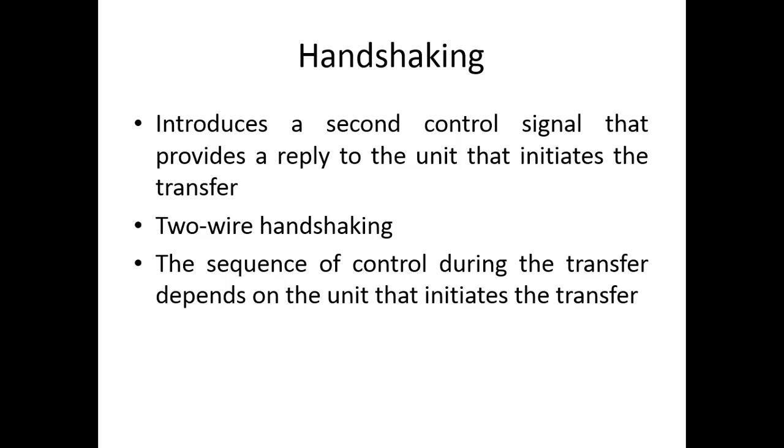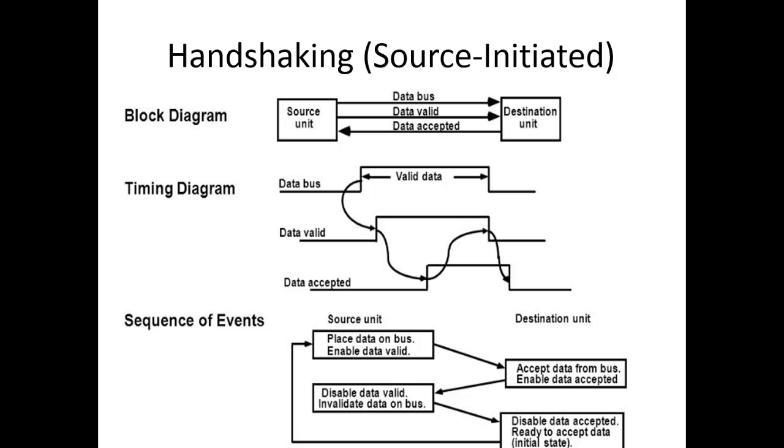Again, in handshaking, if we want to determine the sequence of control signals and their directions, then we have to consider the unit that initiates the transfer in the initial state.